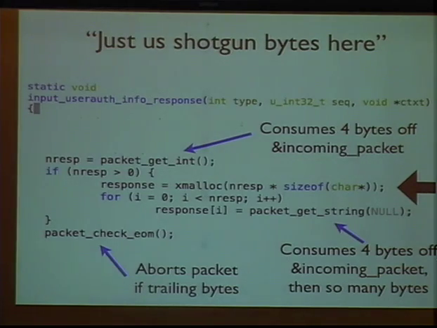So the very first thing that happens is we pull 4 bytes off of the incoming packet. That's a 32-bit integer. If that number is greater than 0, that looks like a sanity check, right? Fine, wonderful. Then we start allocating space for a bunch of strings, effectively Pascal-style strings, which is to say a length and then that many bytes.